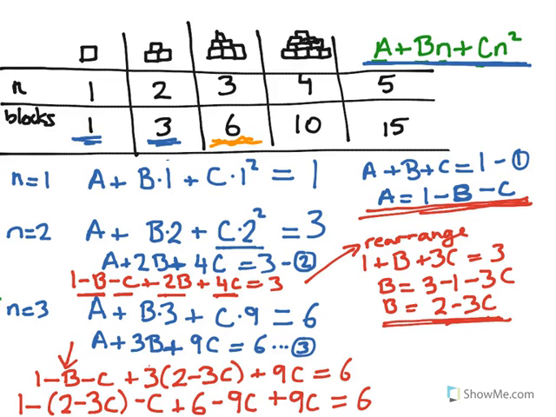Now we've got some simplification to do, which we should be able to squeeze up here if I write really small and change color of pen. So 1 minus 2, minus times minus 3c will give us plus 3c, minus another c, plus 6, minus 9c plus 9c. Actually, those two cancel out and just turn into 0.